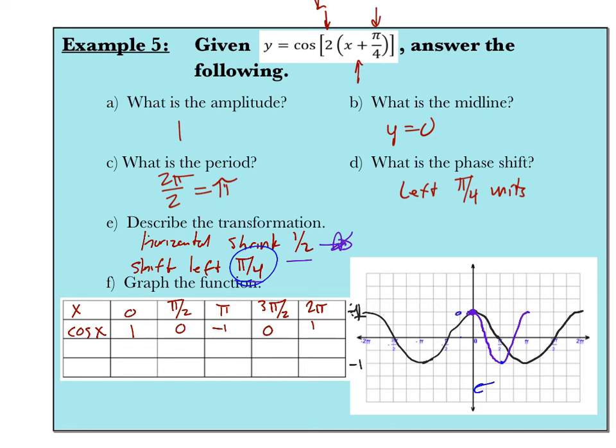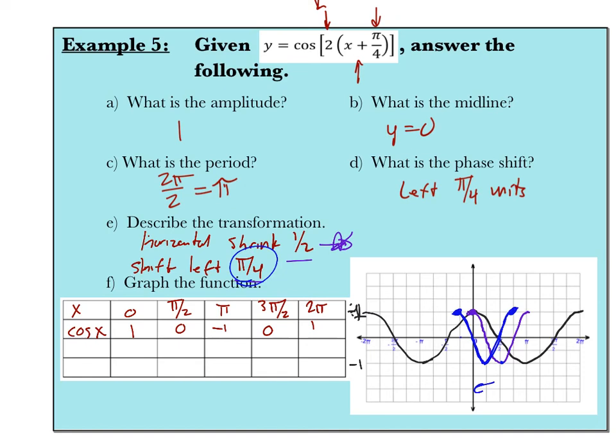So all I'm going to do is start here, and it's going to be right there. That's going to be my graph right there, and I can keep going if I want to.